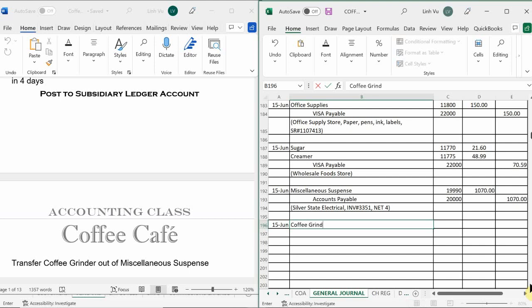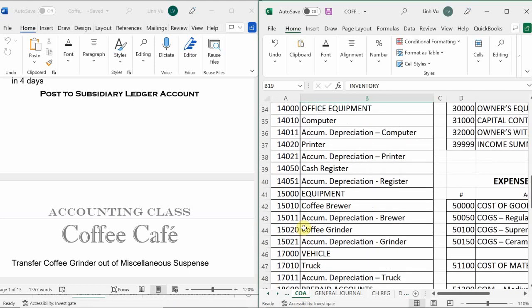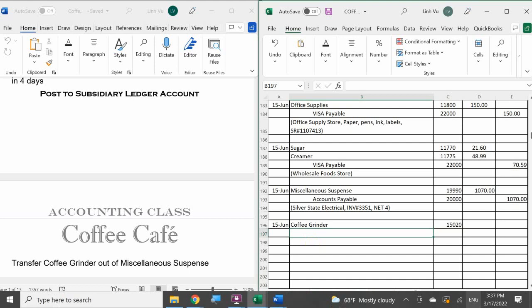Coffee grinder, okay? Which account number is, let's see, coffee grinder. My coffee grinder is... and what account am I taking it out of? Miscellaneous suspense.